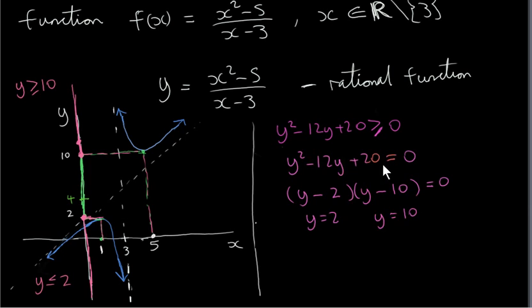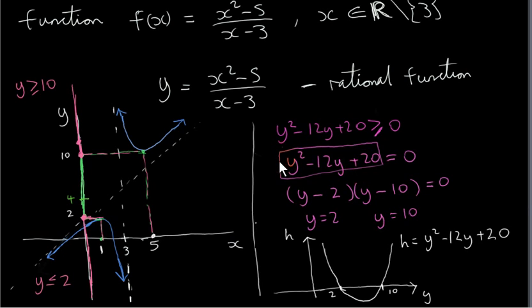The next thing we do is look at the graph of y squared minus 12y plus 20. Now I'm going to call this expression h. I can't call it y because the independent variable is y. The independent variable y goes on the horizontal axis, so this might be a bit confusing. Normally you see x here.